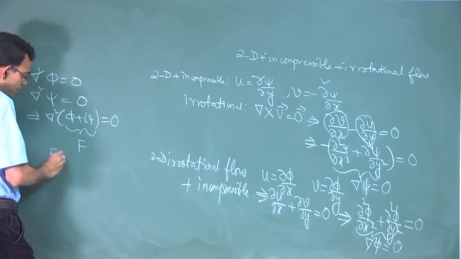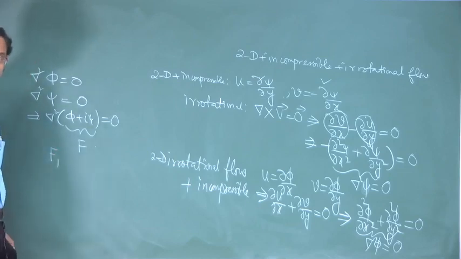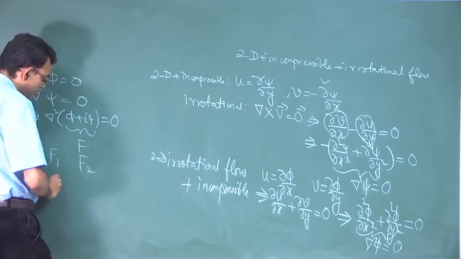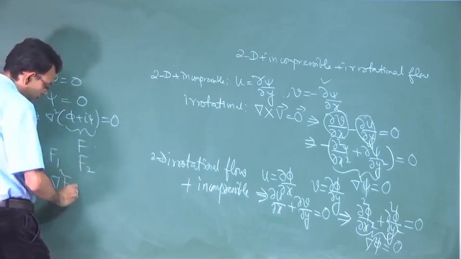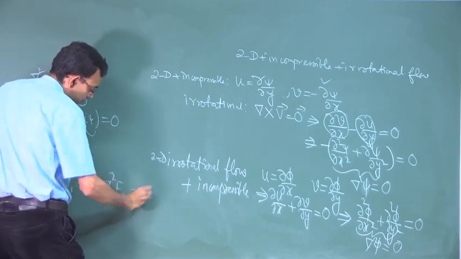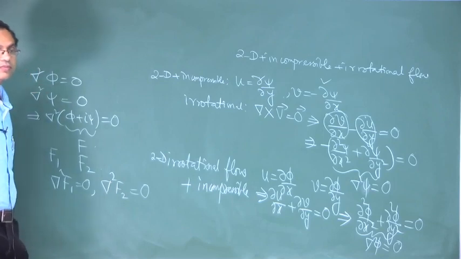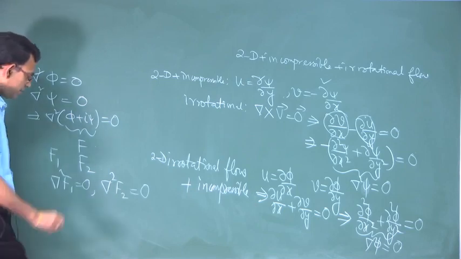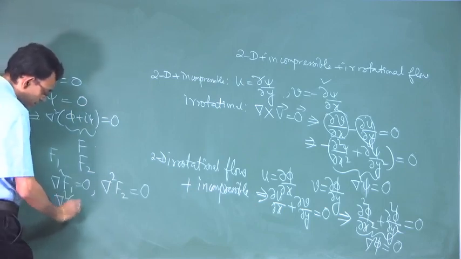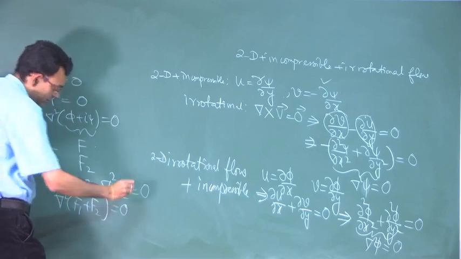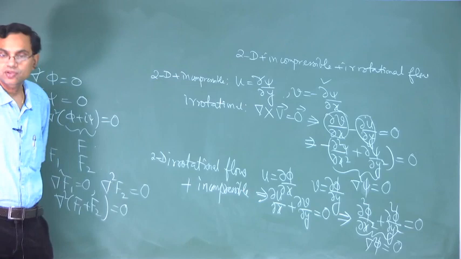Number 2 is, if f is equal to f1 is a solution and if f is equal to f2 is a solution, then f1 plus f2 is also a solution.